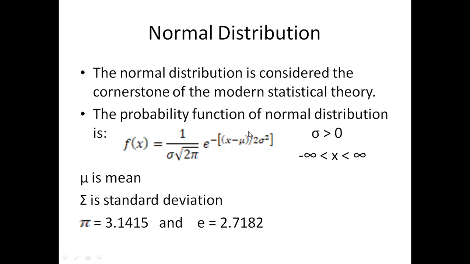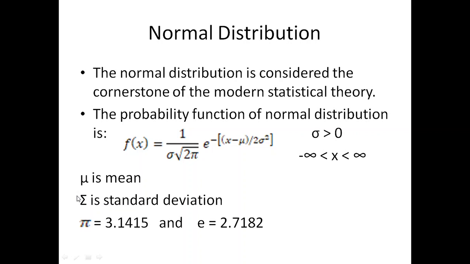Now, what is mu here? This symbol is called mu. This is the mean, and in Basic Statistics 1 you have studied how to calculate this mu, so you are familiar with it.